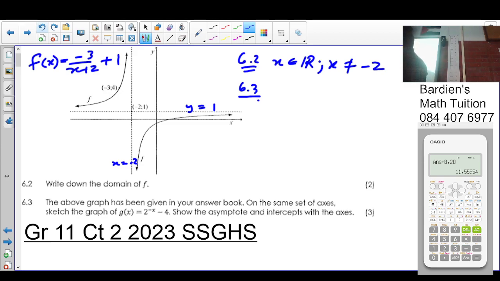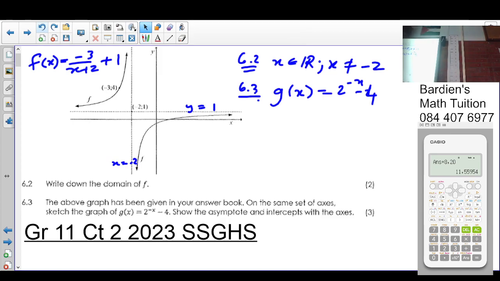Let's look at 6.3. We will see the graph above. The above graph has been given in your answer book. On the same set of axes, sketch the graph of g of x is equal to 2 to the power minus x, minus 4.